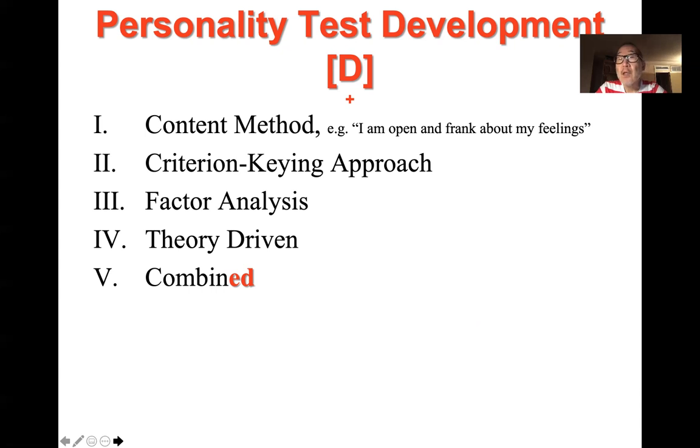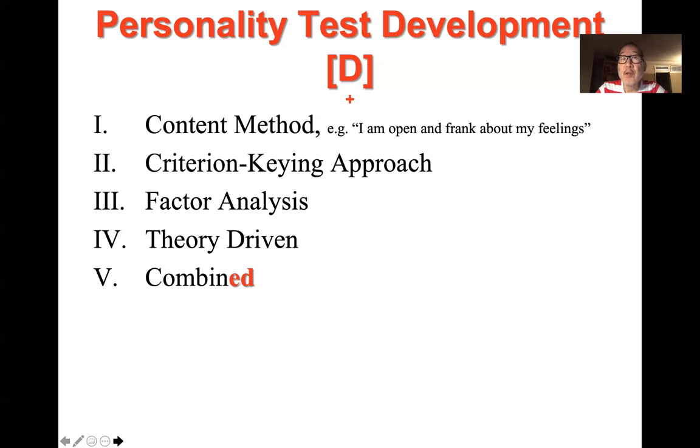Now, the criterion keying approach refers to a way of developing a test which involves, when making the test, getting a sample of people and throwing out a whole bunch of items which may or may not be related to the construct of interest, and then seeing connections, correlations, among the different items.